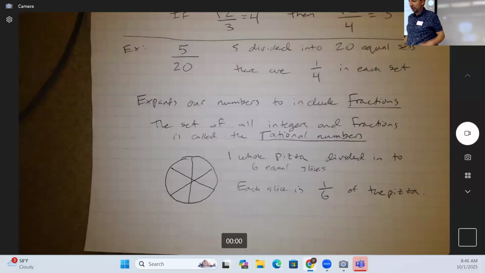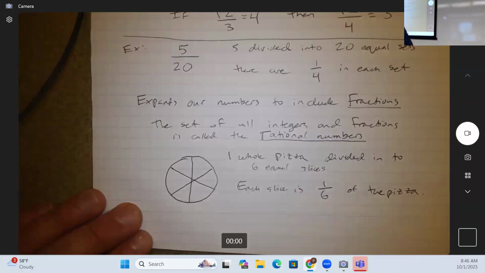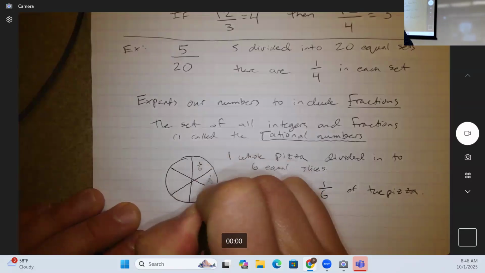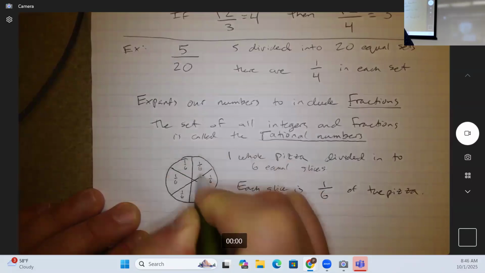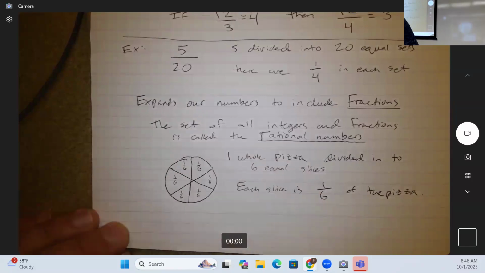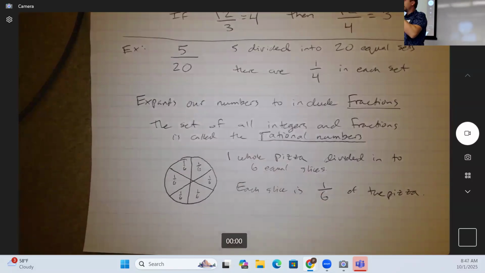And we can do that with the rectangle approach as well. The circle approach, the pizza approach, or the pie approach can make it a little more clear that we're dealing with fractions instead of whole numbers, because each of these slices, it's not like it's one of my squares.